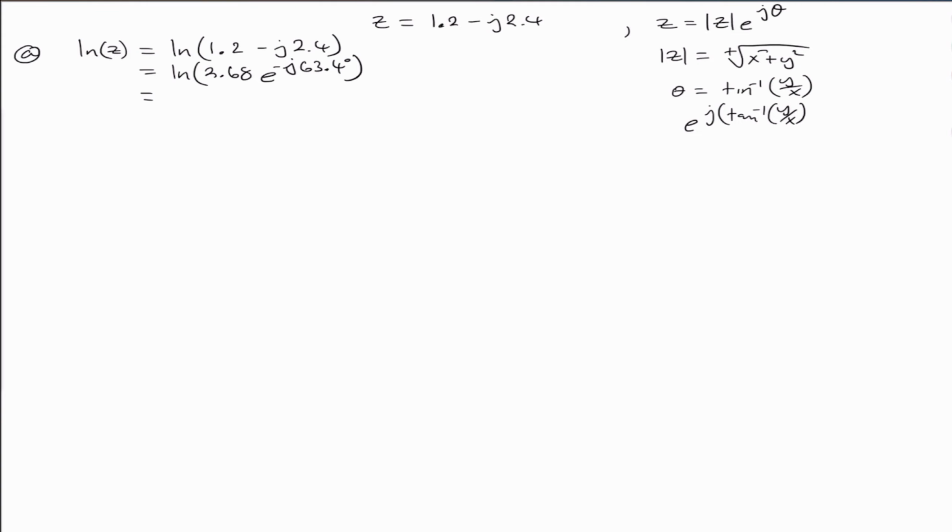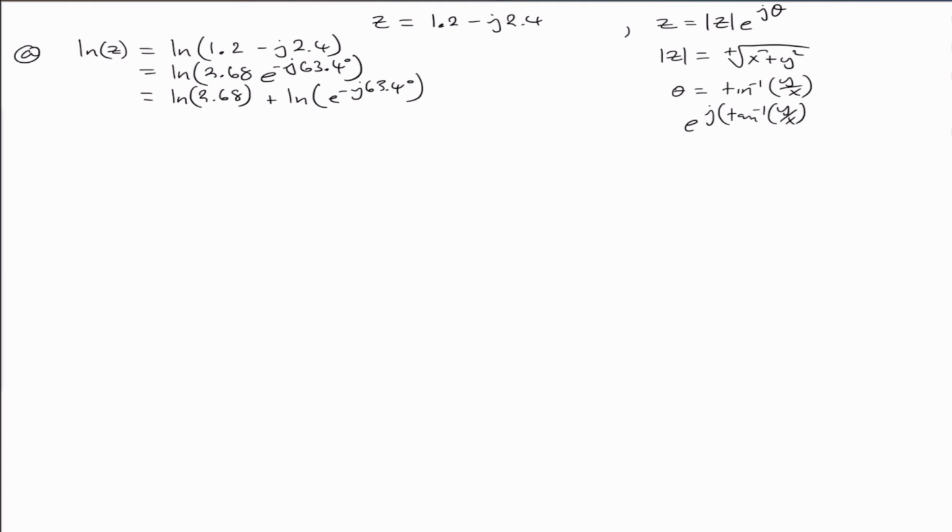63.4 degrees. Now we can apply the natural log property, and we can take the natural log of the magnitude, and then add that to the natural log of the complex exponential, minus j 63.4 degrees.